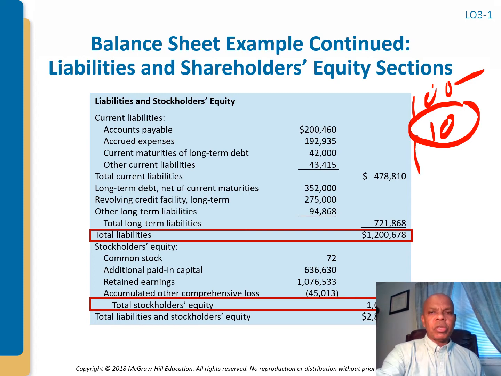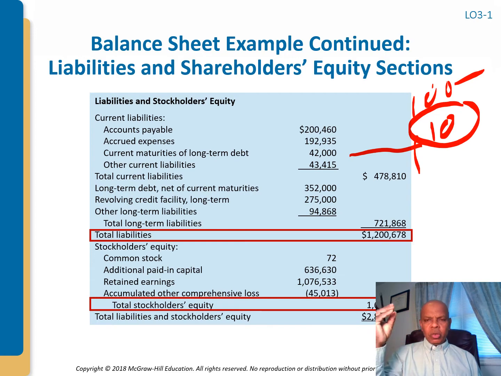Okay, that's what it is, 42,000. Remember that. The other current liabilities, you may have some other small items. And then you have long-term debt, net of current maturities. Then you have revolving credit facilities, long-term, and then other long-term liabilities.